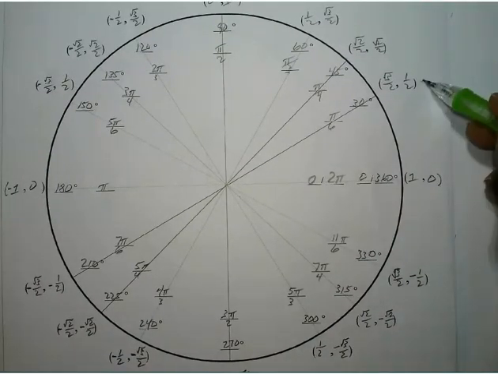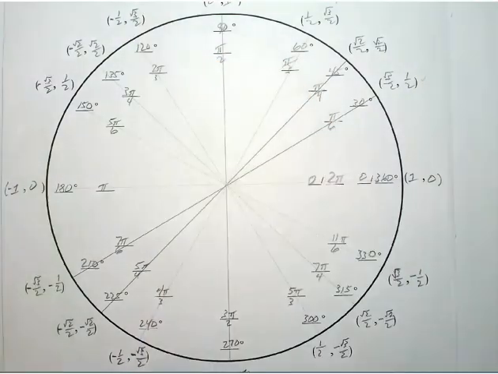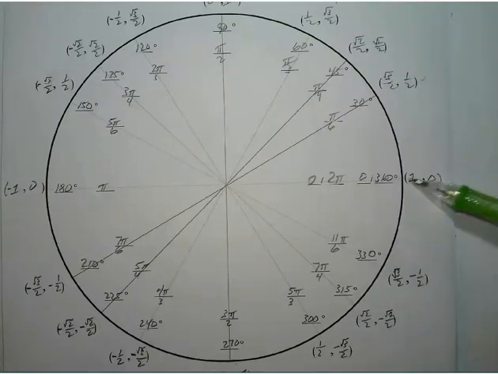So we have 30, 60, 90, 120, 150, 180, 210, 240, 270, 300, 330, then right back around to 360 degrees.